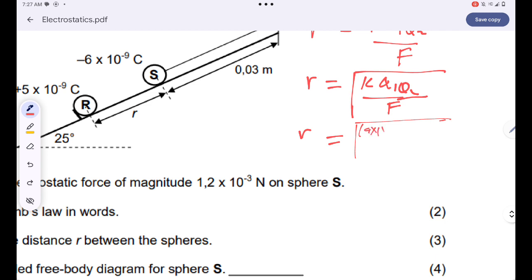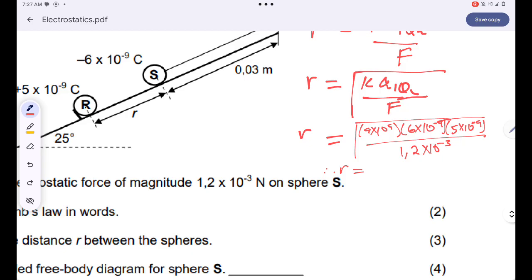That's 9 times 10 to the power 9. I have 6 times 10 to the power -9 multiplied by 5 times 10 to the power -9 as well, all over the magnitude of the force, that's 1.2 times 10 to the power -3. Therefore r is equal to, just punch your precious calculator.